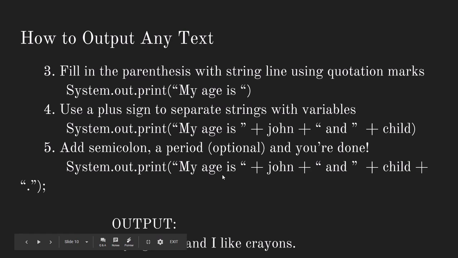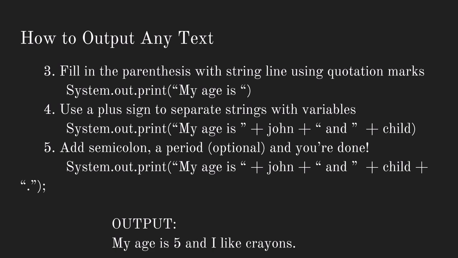The third step is to fill in the parentheses of the method with the string you want, using quotation marks. So in this case, System.out.print("My age is "). The fourth step, you would use a plus sign to separate any strings from variables.